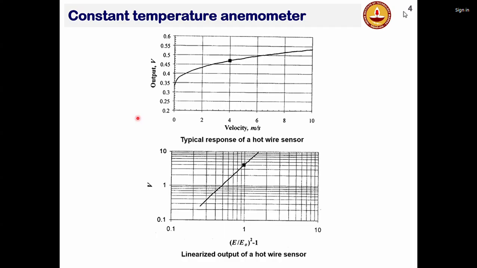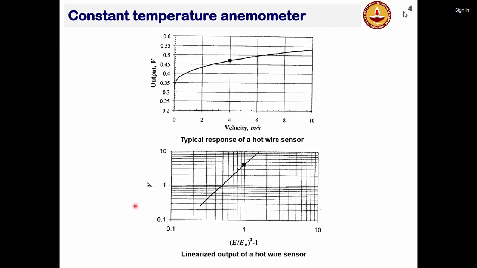And as you know, nonlinear systems are not preferred, right? So you always prefer linear systems because for a linear system, if the values are obtained at some specific points, at other points you can always interpolate and extrapolate, right? So for that reason, linear systems which are more predictable are preferred.